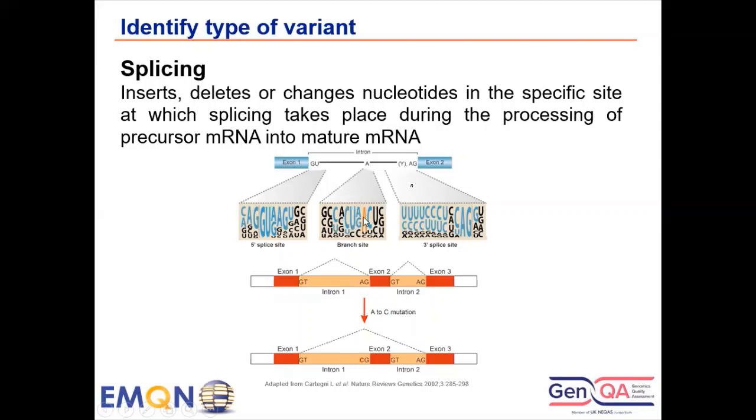However, in practice, it will be more difficult to find this kind of variants, as for many exons, we do not exactly know where the branch site is located. But it is important to keep an eye on the intronic sequences, especially the first two nucleotides of an intron and the last two nucleotides of an intron, which are obviously very important to allow correct splicing, as deletions, substitutions, or insertions in these sequences may lead to aberrant splicing and therefore pathogenic effects.